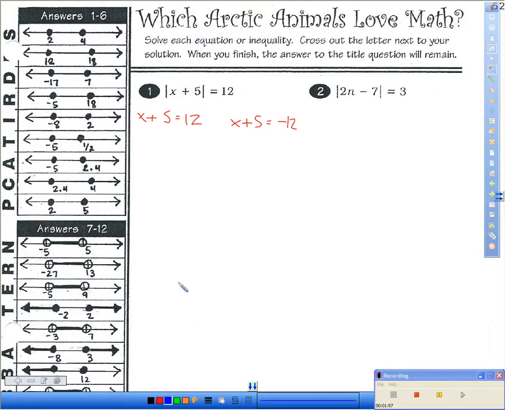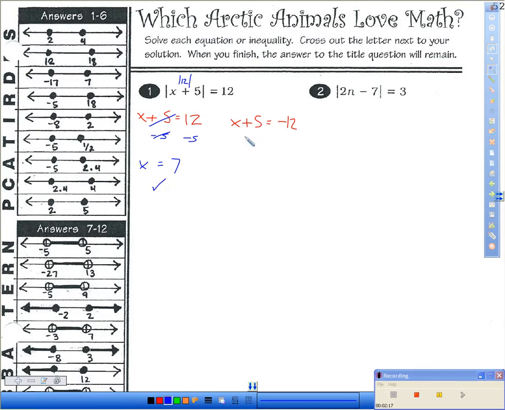Once we get these equations set up, it's just like solving any other equation. Minus 5 on the left, minus 5 on the right. The 5's cancel, and we get x equals 12 minus 5 is 7. So one solution to that equation is 7, because 7 plus 5 gives us 12, so the absolute value of 12 is 12. So we know that that works out. Same thing on this next equation.